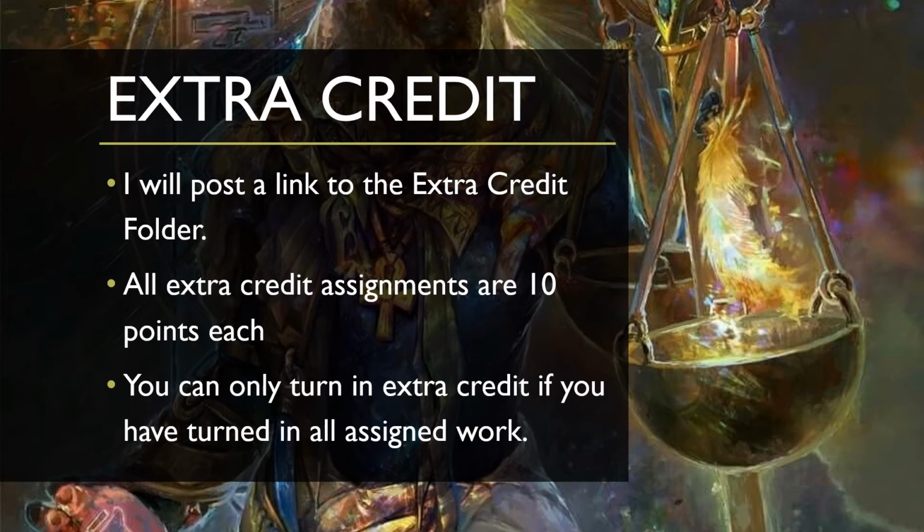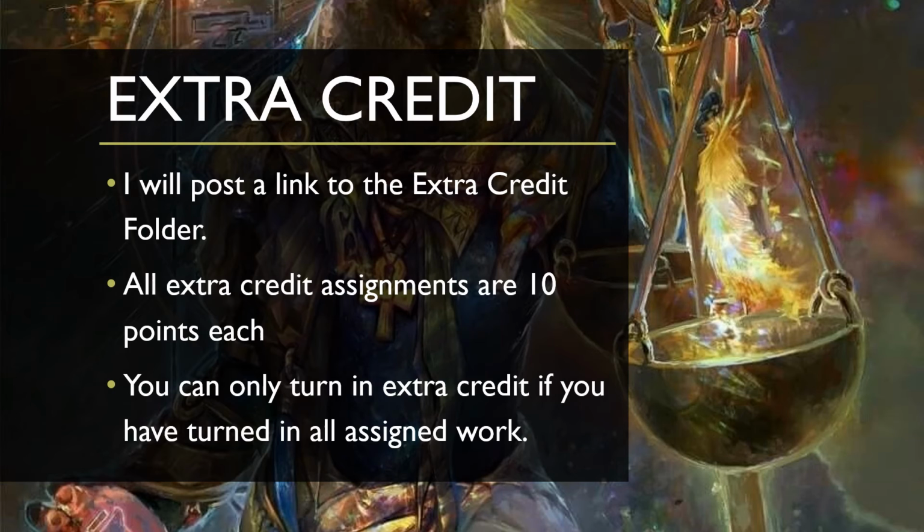Extra credit. I will post a link to the extra credit folder. Right now, I'm thinking of some different options for your extra credit assignment, which we'll talk about some more here in a second. Also, all extra credit assignments are 10 points each, and you can only turn in extra credit if you have turned in all assigned work.